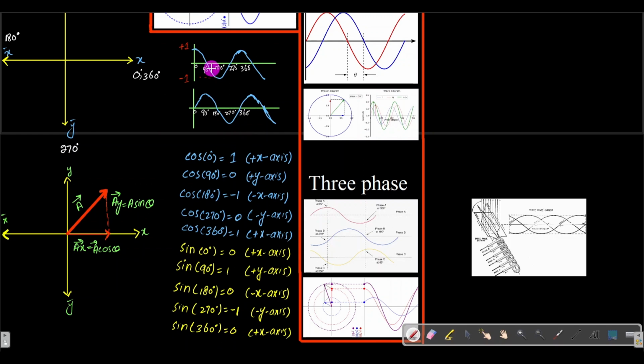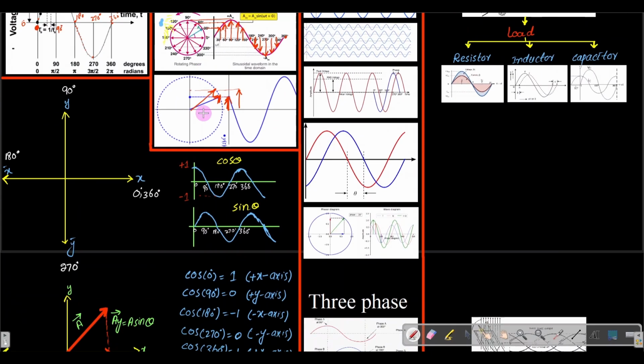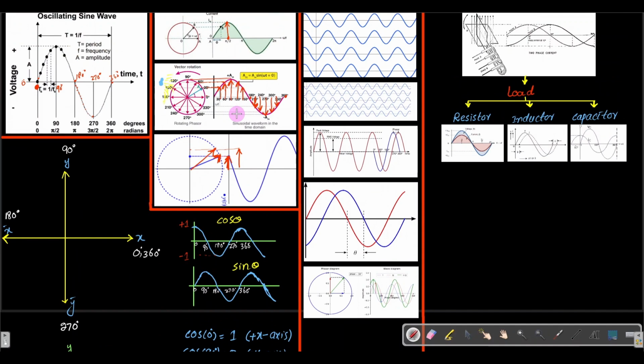So from here we conclude that this is the cos wave, cos theta, and this is associated with the sine theta. Therefore we call this wave a sinusoidal wave, the sine theta wave, okay. So we call this a sinusoidal waveform.